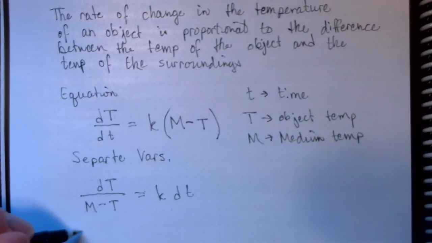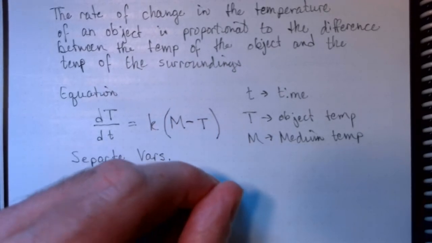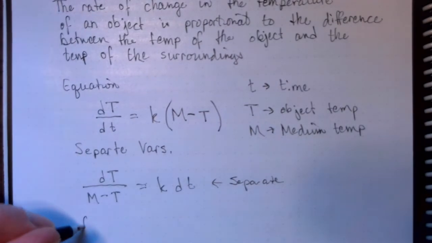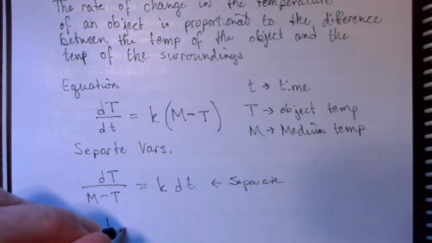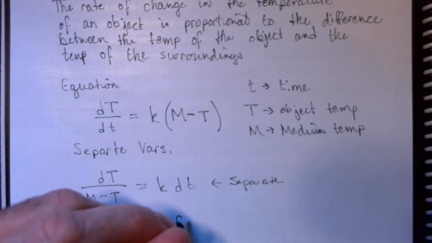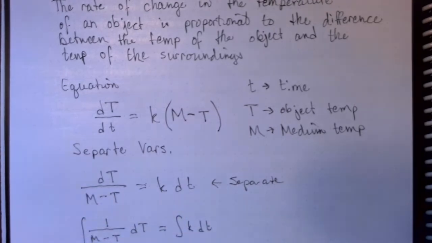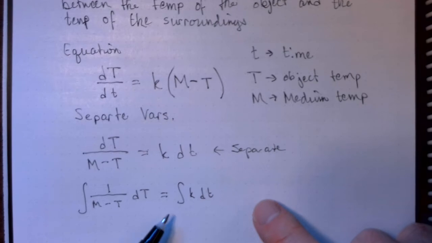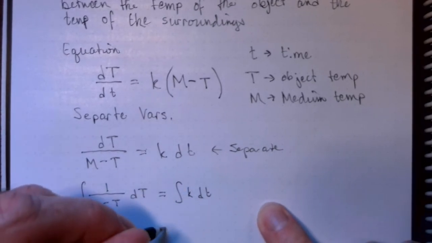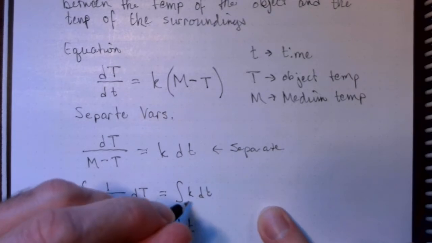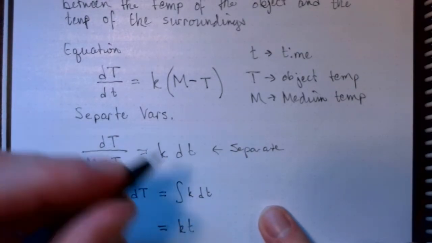And now integrate both sides, so this is the stage where we separate. Now we're integrating. On the left-hand side, we're integrating with respect to capital T. On the right-hand side, we're integrating with respect to lowercase t. Right-hand side is easier. That is a constant.